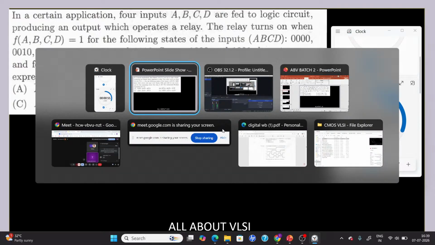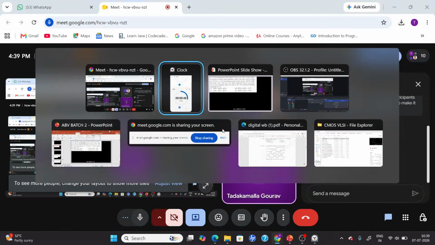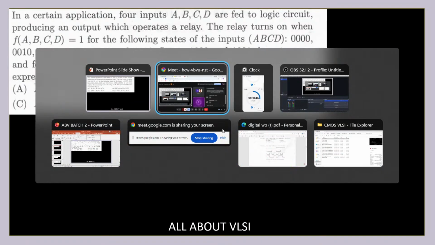Last 1 minute. Are any answers already given? Let me check. Okay, you can try it out and let's see. So this is the question. 1 minute left.